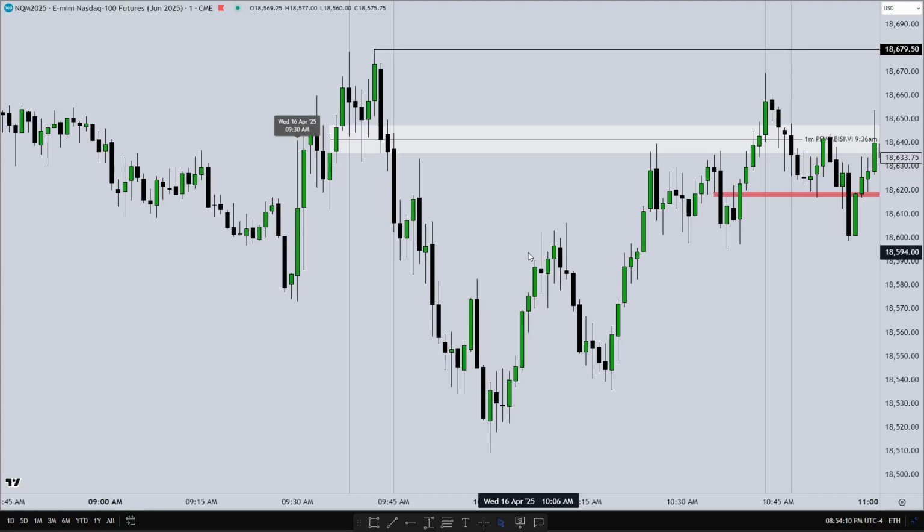And that's what we're essentially doing here, once again looking at the rule set that I gave at the beginning of the video. So, we have Wednesday, the 1 minute first presented fair value gap, coupled with a volume imbalance. At 9:36 a.m. it's formed.